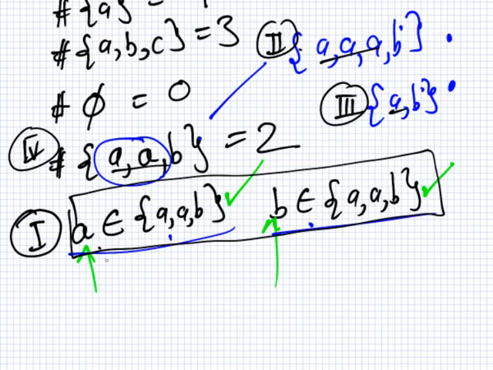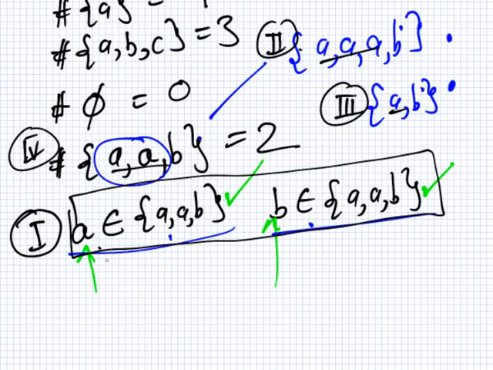True or false? True. Next one. True or false? True. Next. True, yeah. Next. True, yeah. Next. False. Very good. False.